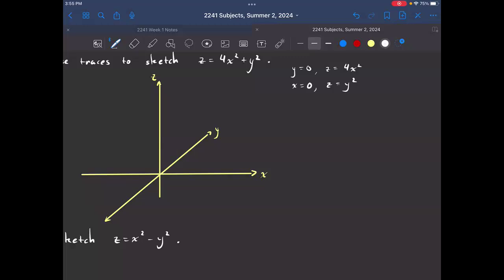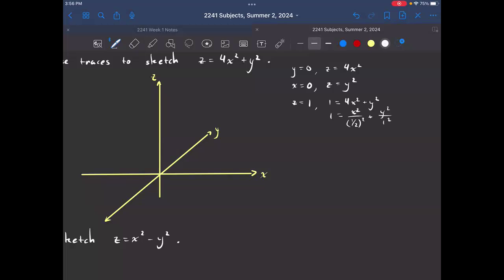Okay, and then what happens if I set z equal to maybe 1? Well, then I get 1 equal 4x squared plus y squared. And if I rewrite this a little bit, I get 1 equals x squared over 1/2 squared plus y squared over 1 squared.